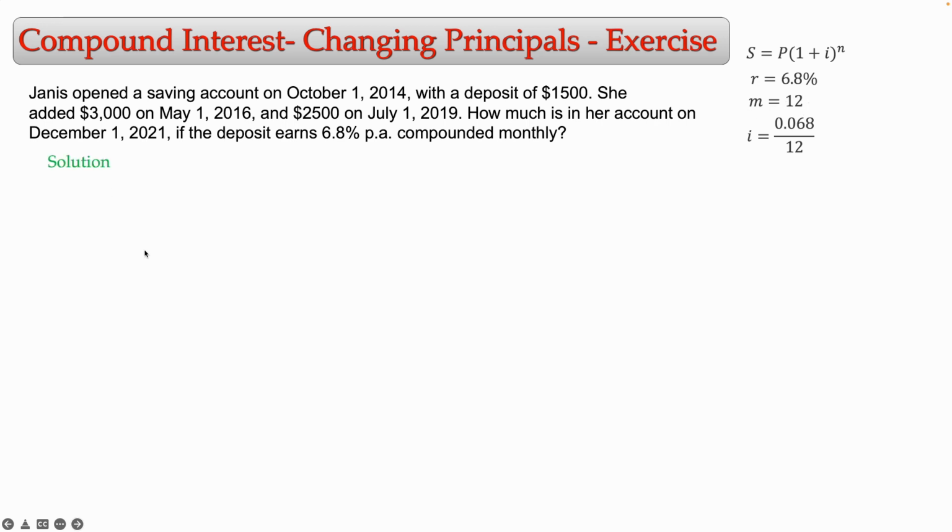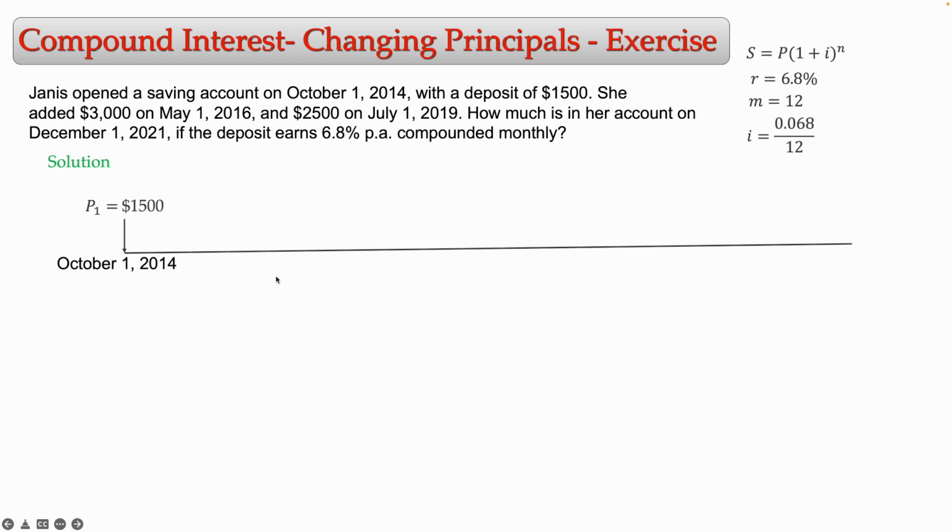So for getting a solution, if we think in this timeline of the deposit, at the beginning there is a deposit of 1,500. So on October 1st, 2014, there was a deposit of 1,500. But after that, on May 1st, 2016, there was another deposit of 3,000.